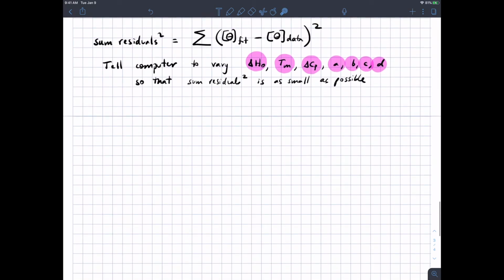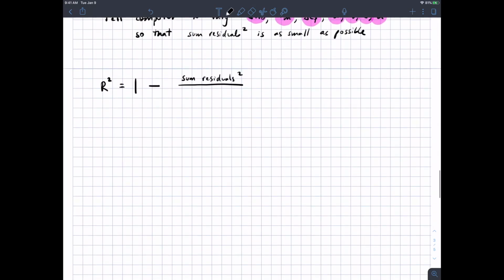We can use this sum of the square residuals along with some information about our data to get a sense of how good our fit is. And we're going to calculate a value called r squared. R squared is going to equal 1 minus the sum of the square residuals divided by another term which we need to define, which is total sum of squares.